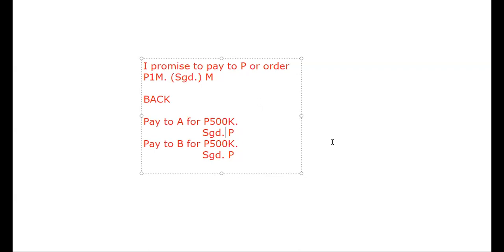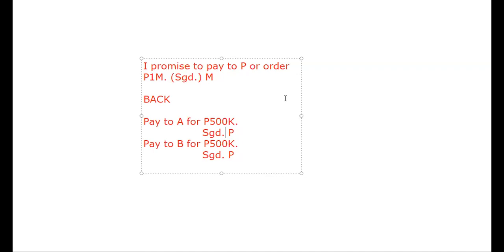Just make use of your imagination. Iisang promissory note. Ano ang ibibigay kong promissory note kay A? Ano ang promissory note na ibibigay ko kay B? Dahil ba 1 million yung promissory note, 500,000 ang pupunta kay A, 500,000 yung pupunta kay B. Punitin ko na lang sa gitna, yung one half ibigay ko kay A, yung one half bibigay ko kay B. No. That's the reason why in this particular scenario, that endorsement is not yet allowed.